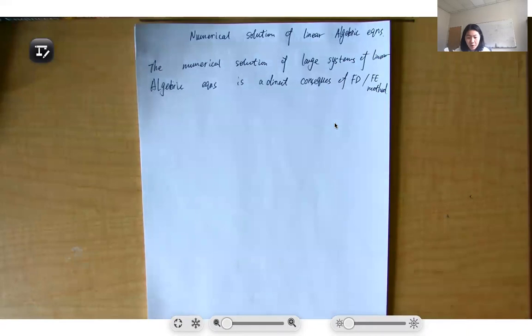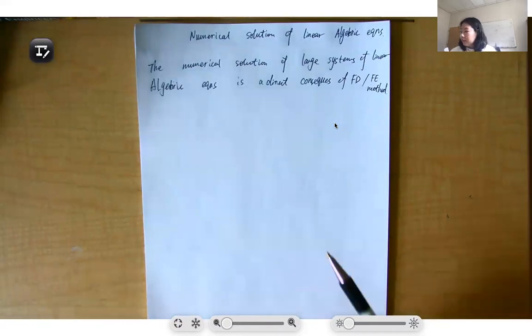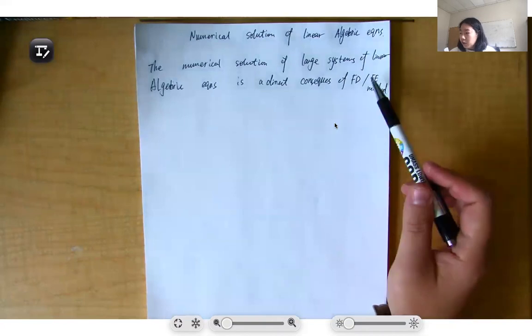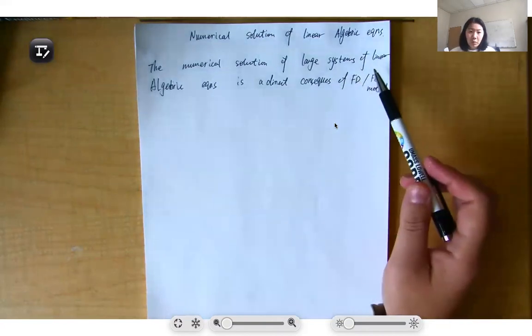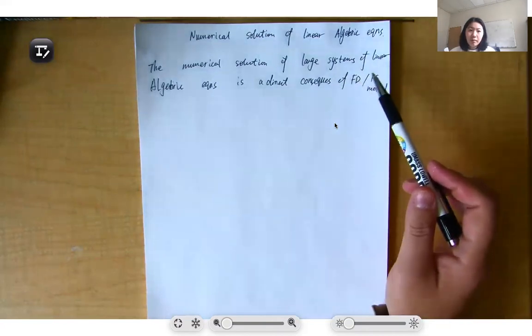In the FE method, the whole domain is divided into small elements. In the small elements, we use algebra equations to represent the small domain, then assemble that into the whole domain. So if your system is very complex and has a very fine mesh, you can imagine it will have a huge number of linear algebra equations to solve.